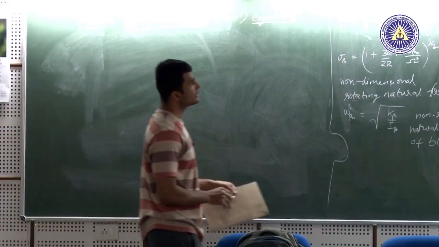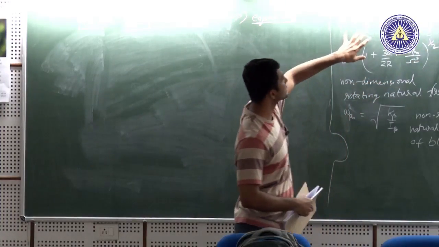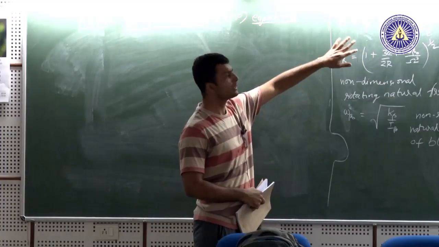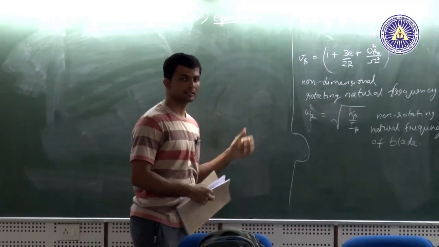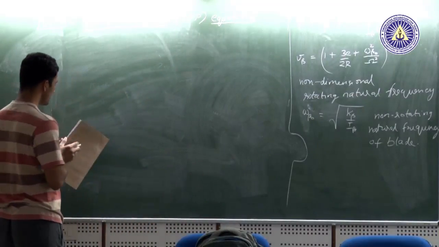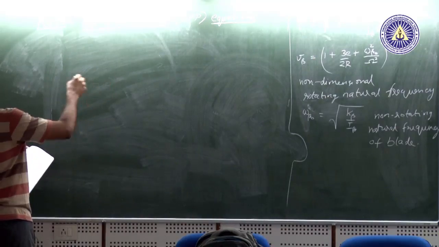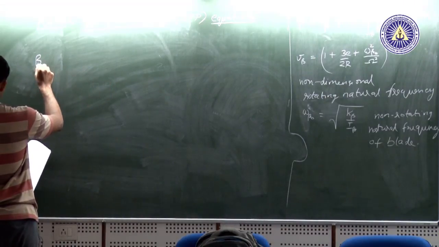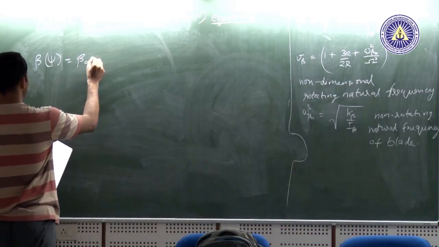So we know that the forcing function is a 2 pi periodic function, and hence the response is also going to be 2 pi periodic. Now we can approximate this beta along the azimuth as a Fourier series expansion. So the general solution to your beta, you can expand it like this.